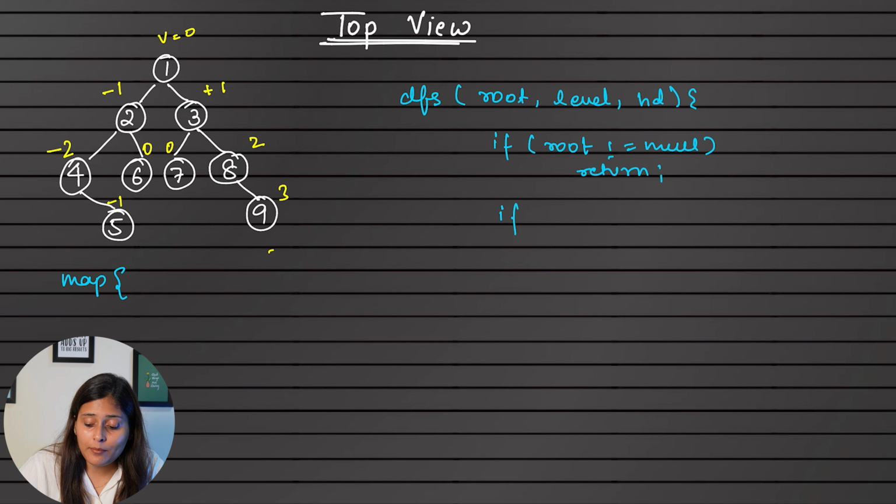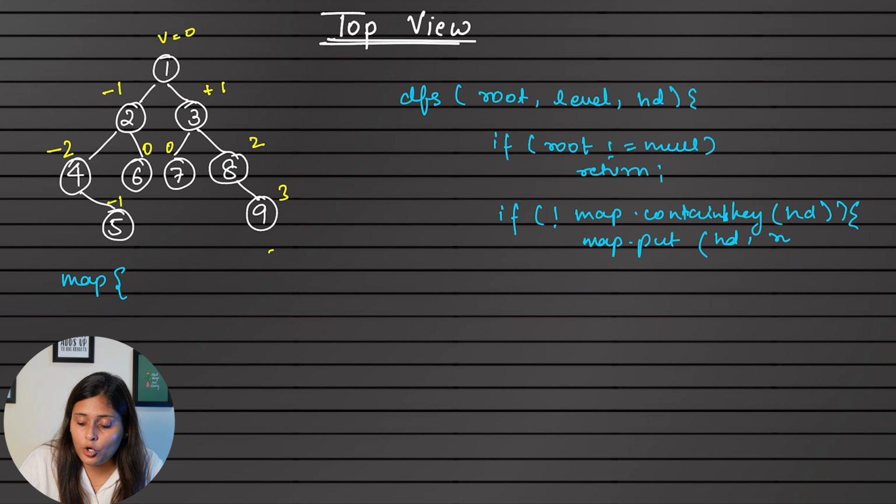In the map we'll check, same thing we'll do here also. If that key, which is HD, is not present in the map, then in the map just simply put HD, which is the vertex, and root dot value. That's it. So for 0 we will insert 1. Now we will go on depth first search.